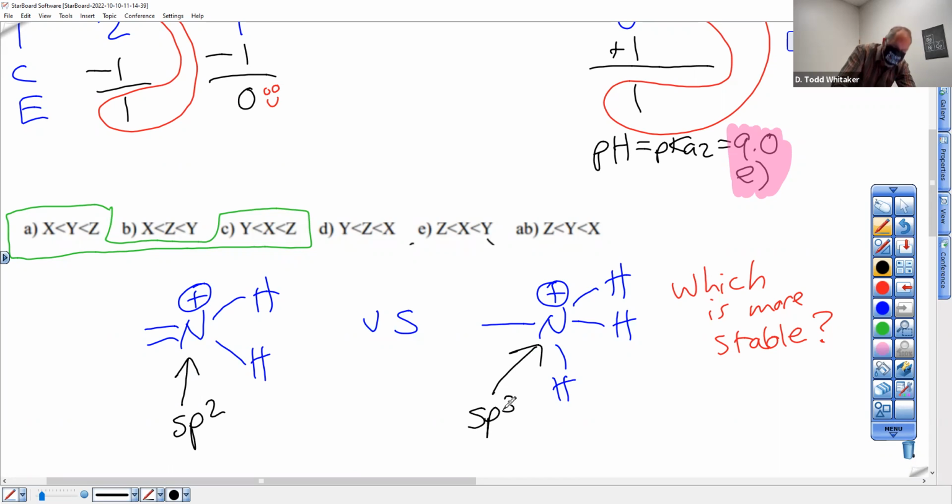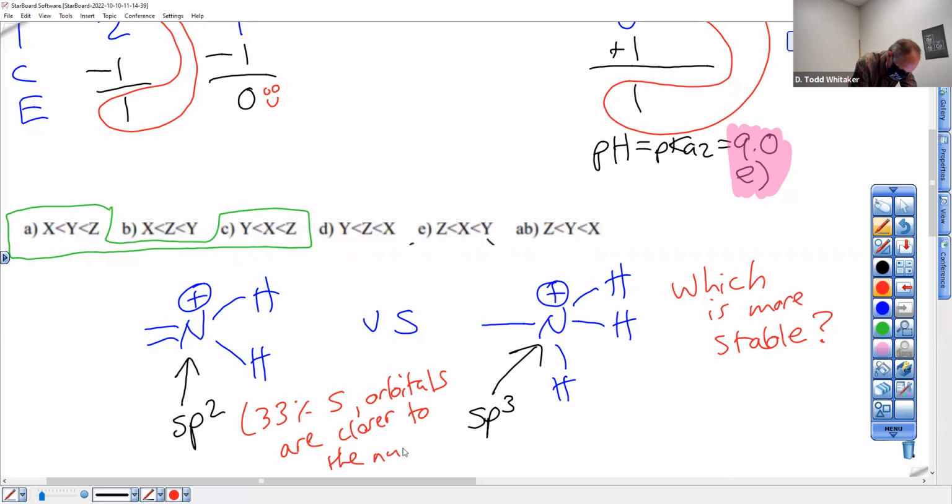Which one has orbitals closer to the nucleus? 33% S. Orbitals are closer to the nucleus. 25% S. Orbitals further from nucleus. So the one on the left.